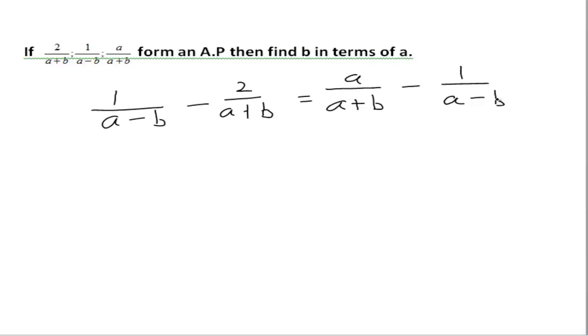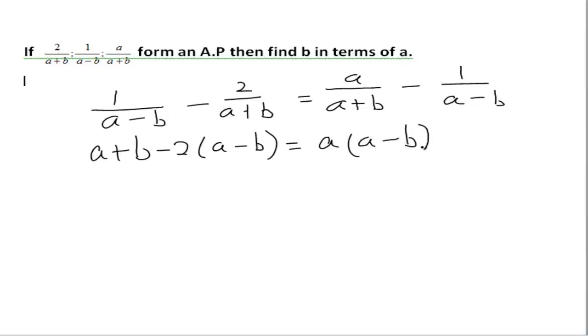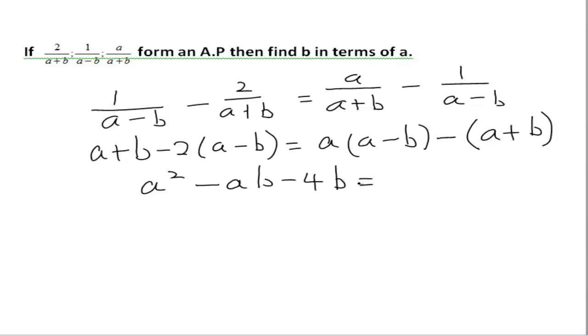So the first term will become a plus b, and minus 2 into a minus b, and then you've got a plus b will go the a minus b, and that has to be multiplied by a minus, and then you've got a plus b times 1, which is the numerator. And when you simplify, you get a squared minus ab minus 4b equals 0.